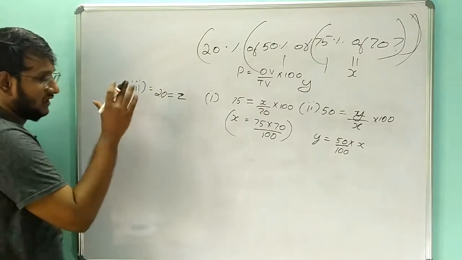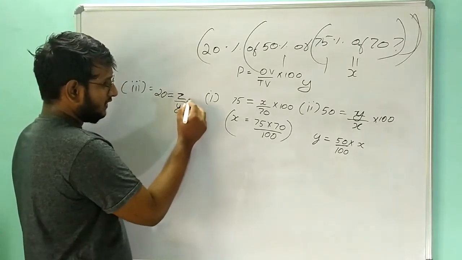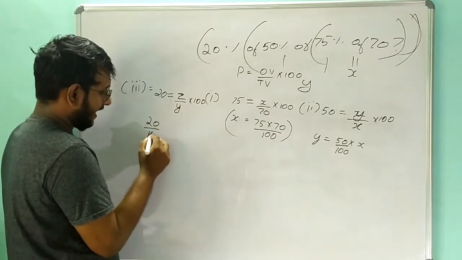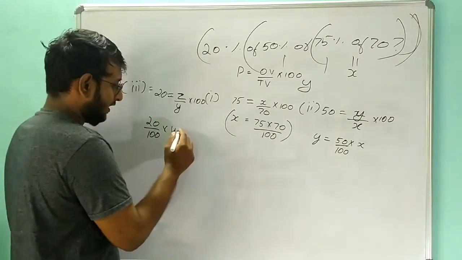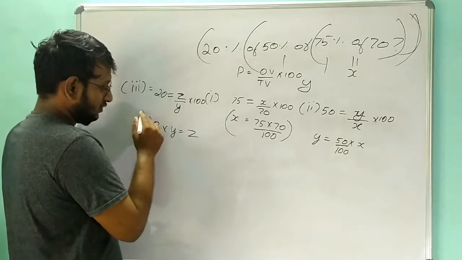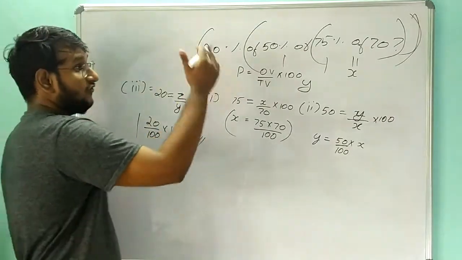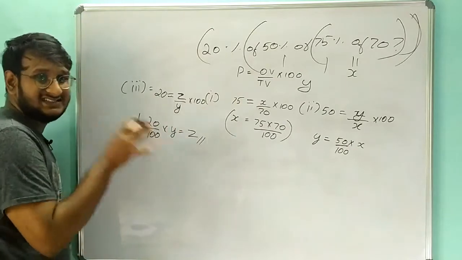Now I am going to use the variable z, z is equal to z divided by y into 100. So I will be having 20 divided by 100 into y. Okay, this is what I am going to have. This is z, so z is what we have to find. So z is the 20 percentage of 50 percentage of 75. Finally we have to get the z value only.